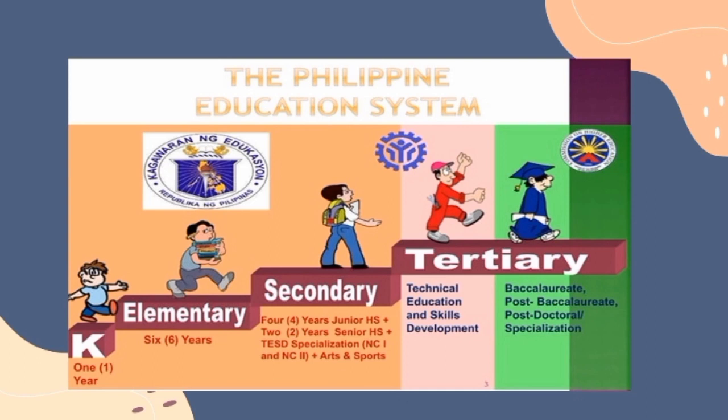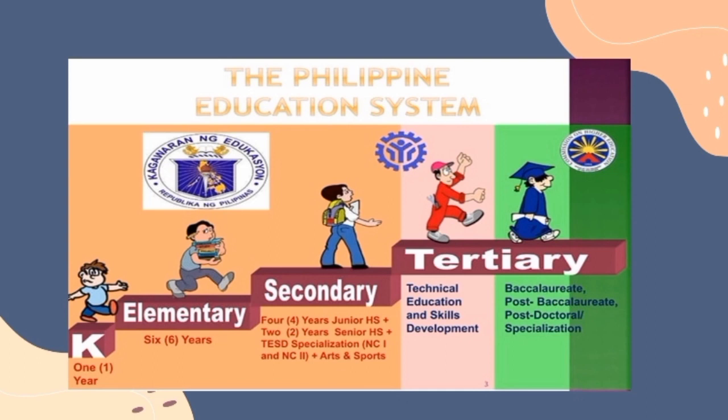In elementary level, the student undergoes 6 years to finish before she or he can proceed to the secondary level, which is our third level. The secondary level is divided into 2, junior high school and senior high school.